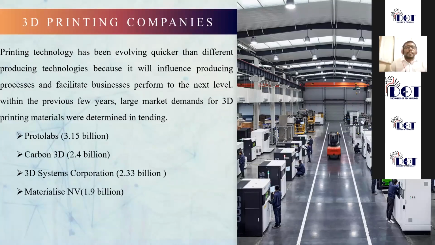And also you can see some digits inside brackets. Those are the gross profit rates of those companies. And also you can arrive at a conclusion that 3D printing is not just an impact on other fields, but also in the business field, because those digits are not in millions, those digits are in billions. And those are the facts about 3D printing companies.